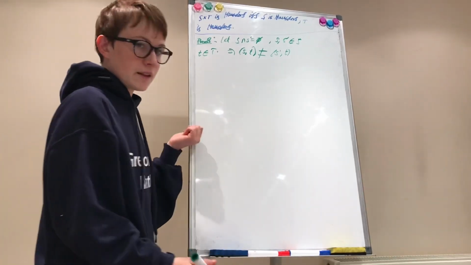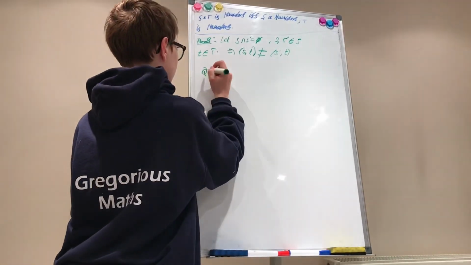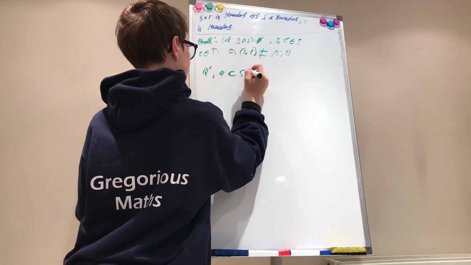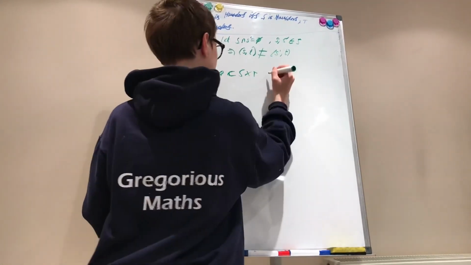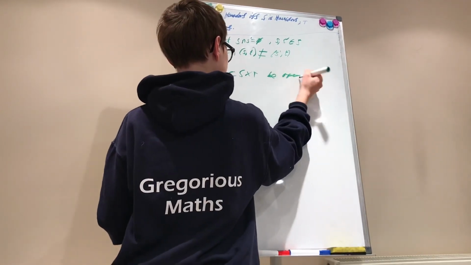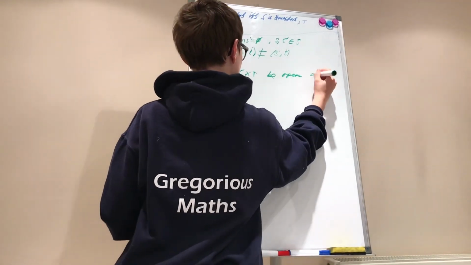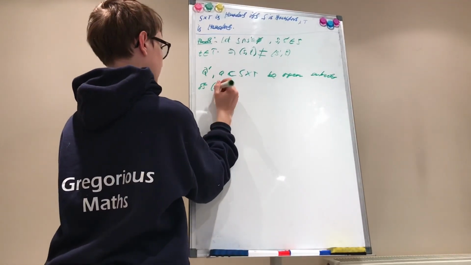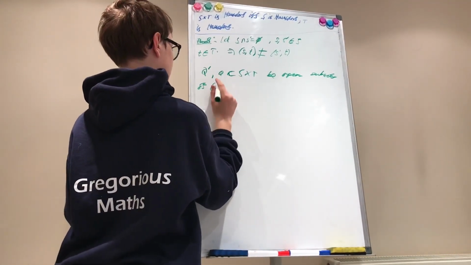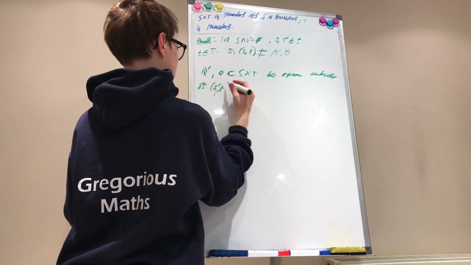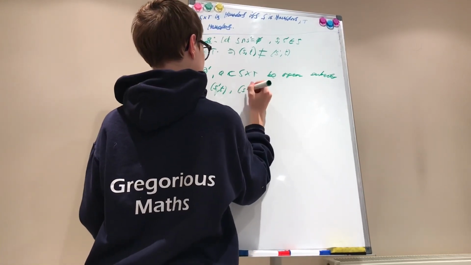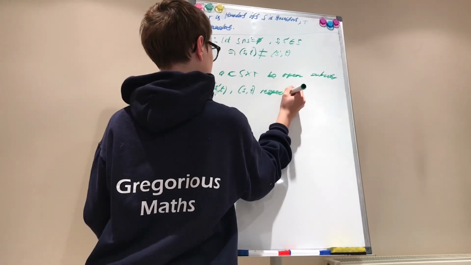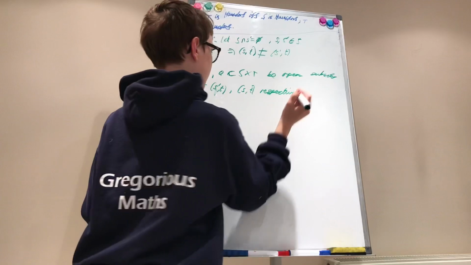Now, let Q prime and Q, subsets of S cross T, be open subsets of S prime T and ST respectively. Okay?